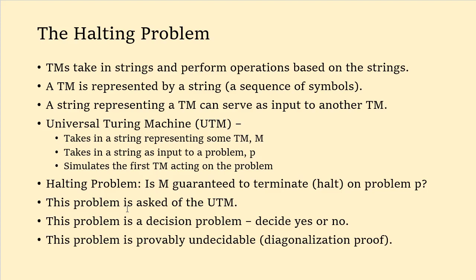And you can ask it in a more general way. I could take the universal Turing machine and just feed it a Turing machine and ask the question, will this Turing machine halt on all possible inputs? So you ask that of the universal Turing machine. And again, it's a decision problem, yes or no. And the problem is that you can't answer the question. It's provably undecidable.